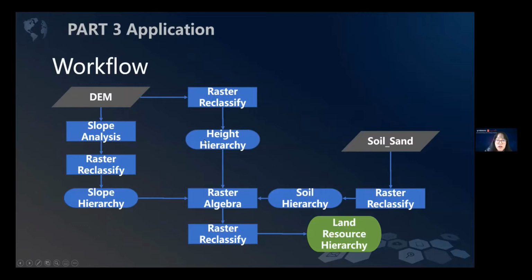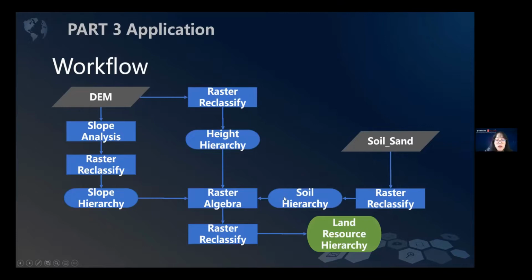And then we have these three graded factors. Our next step is to combine them together using raster algebra. And after that, our final step is to reclassify them to make our final evaluation result into classes of 1 to 5 as the evaluation result of land resources for agricultural use.